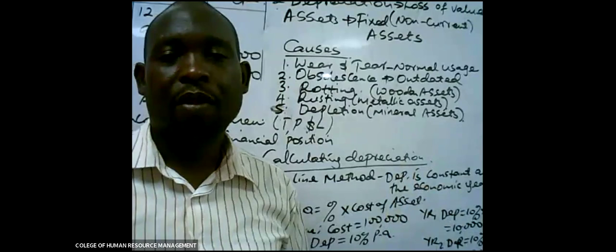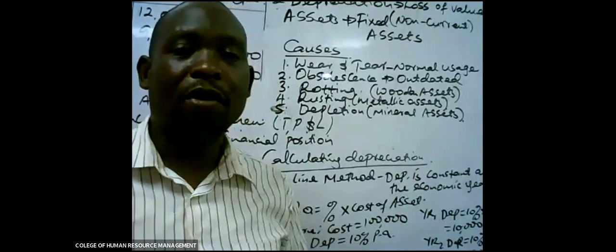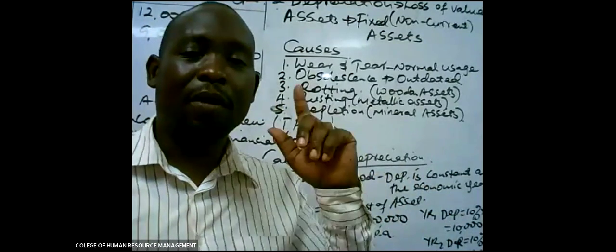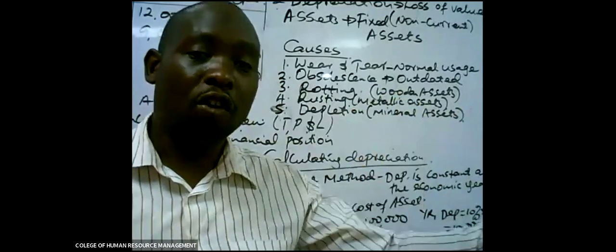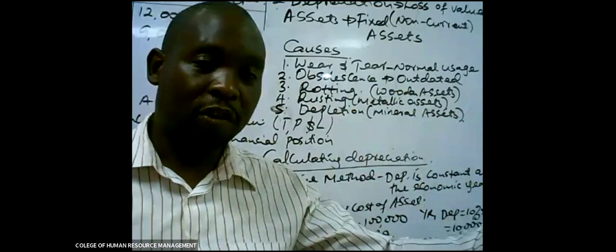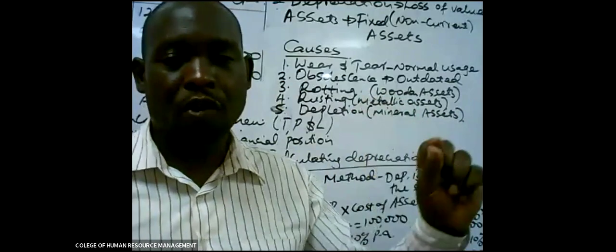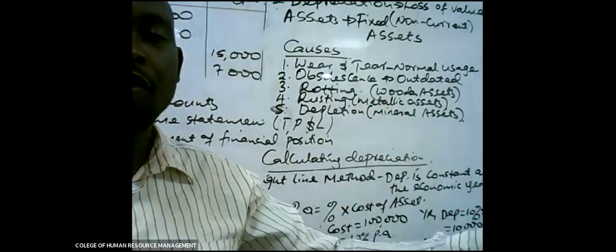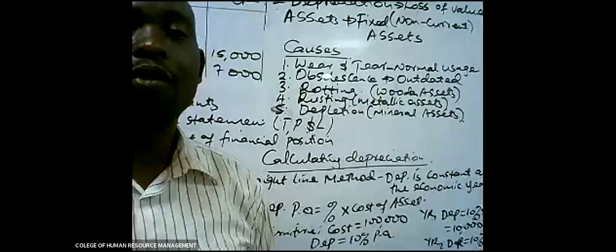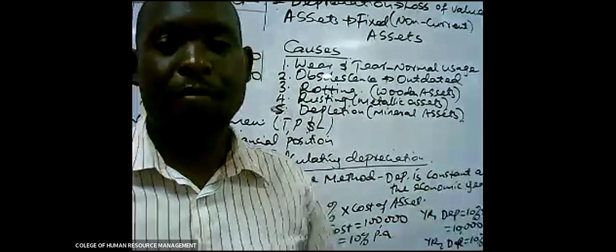Under the straight line method, first of all, understand depreciation is constant, and it is calculated as a percentage on the cost. The keyword there is cost, the acquisition cost, the historical cost, the purchase cost. So every year, the percentage is the same, the cost is the same, so the answer for depreciation will also be the same.